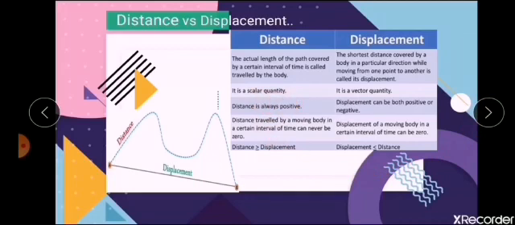That is why we can say that displacement can be zero but distance can never be zero. Now one thing from the figure itself you can understand, distance is always greater than displacement and displacement is either equal to or less than distance.